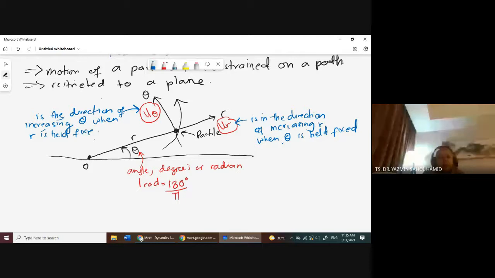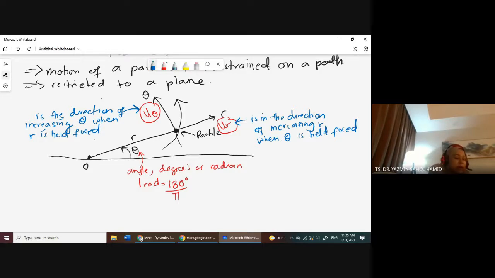It's the opposite. So when we fix R, theta can increase. Theta can go up, but the R is the same. Okay, understand? So those are the two definitions of what it means.